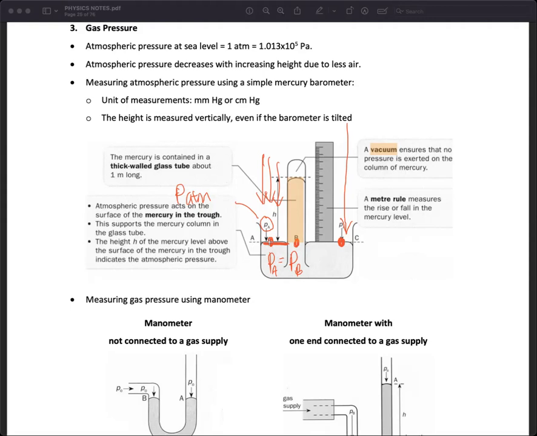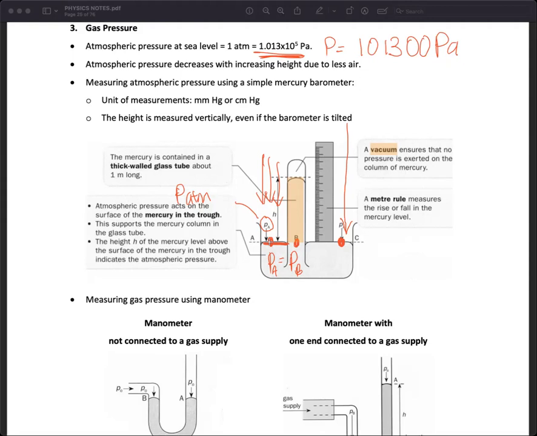Can? So now, can we revise? We assume this P is 101,300 Pascal.